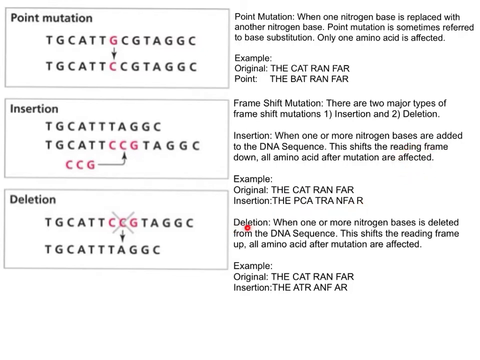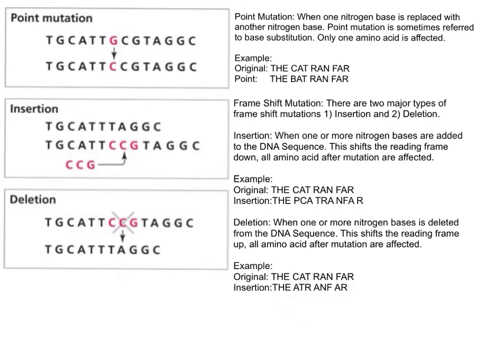Now, when we look at deletion, just like the name is saying, it is when one or more nitrogen bases is deleted. So you see here, my DNA sequence actually gets smaller. So then everything is shifted up. As you can see here, just like insertion, with deletion I deleted the C. So I had the cat ran far, and over here you can't understand these last words because I've deleted the C. So when I deleted it, everything moved up.